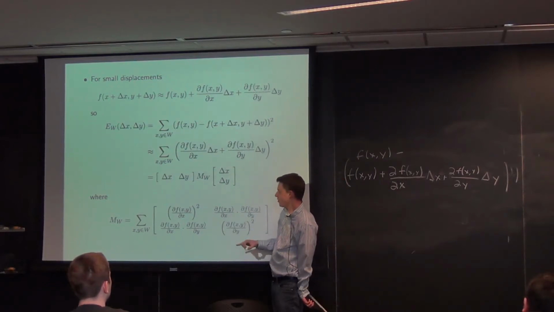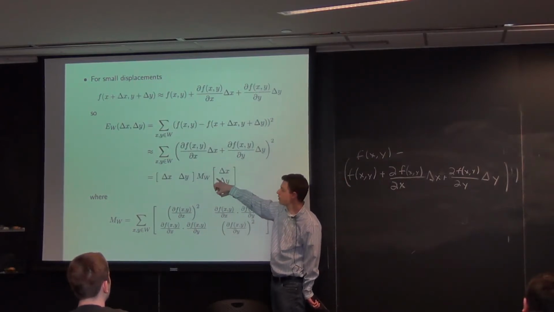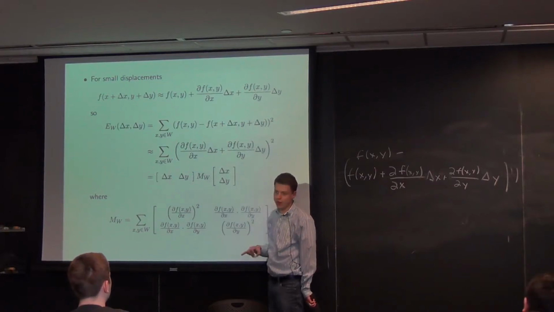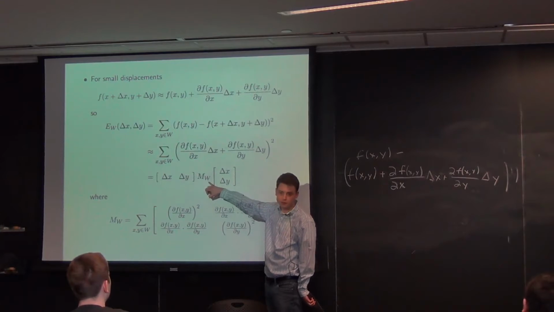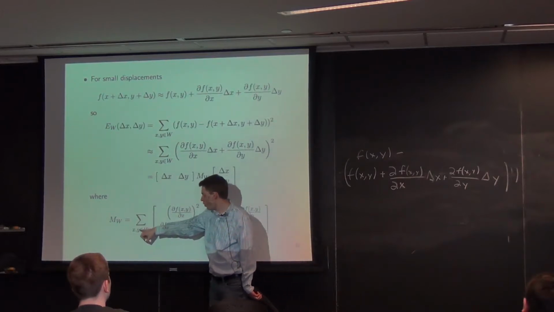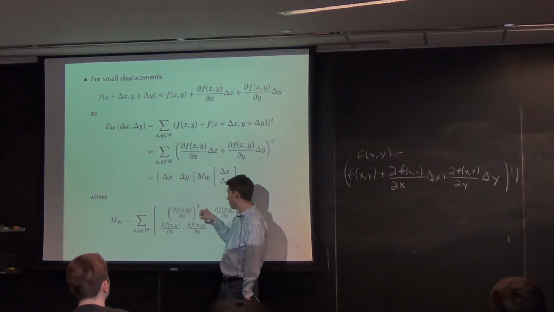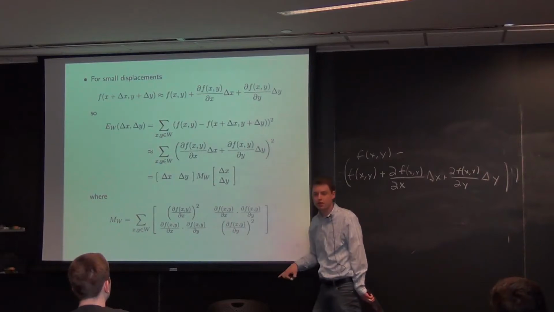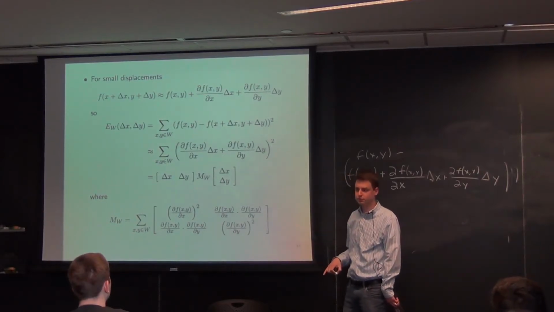And you can write this as a quadratic function of delta x and delta y with this matrix M, where M is the sum over all the x and y in that window of these functions of the image gradients.